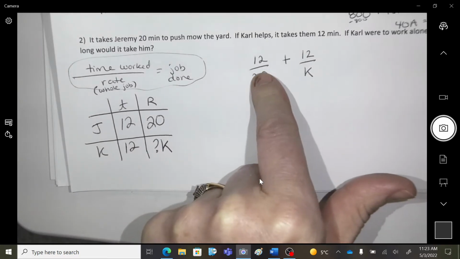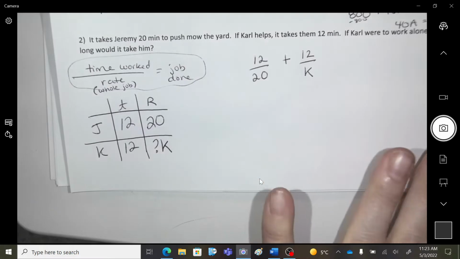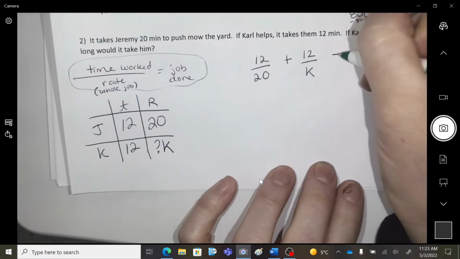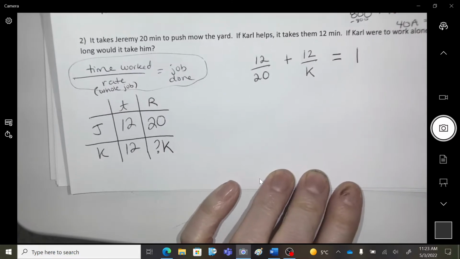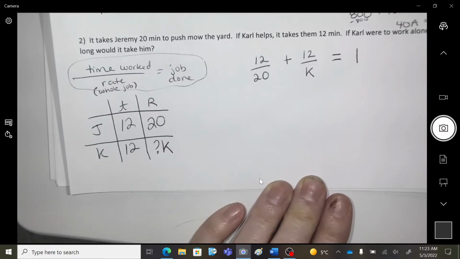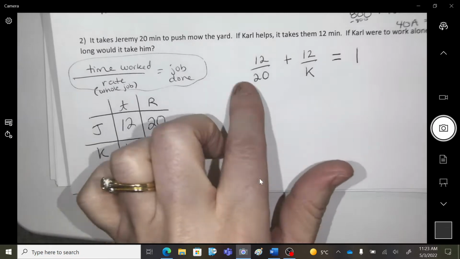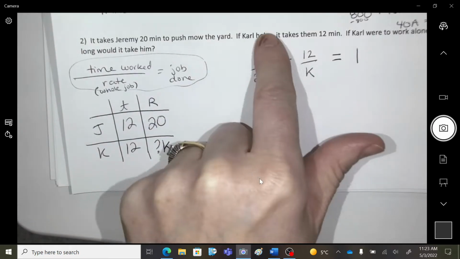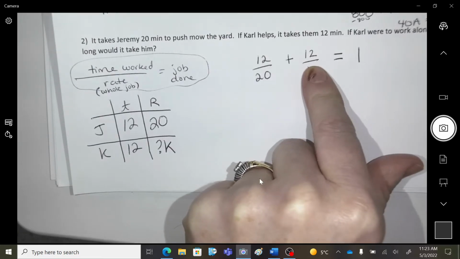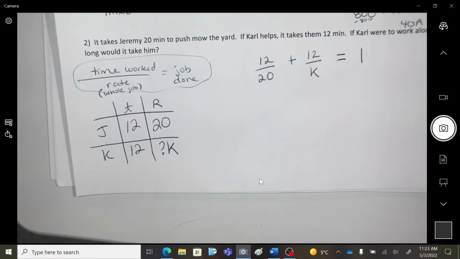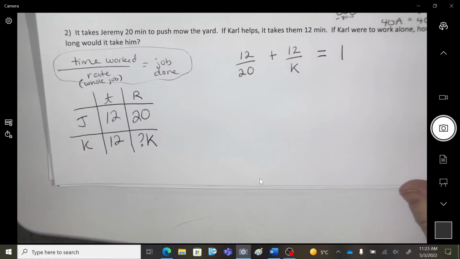And when the job that Carl and the job that Jeremy did were added together, they completed the whole job. So this is what this represents: the job done by Jeremy plus the job done by Carl equals the whole job. Okay, that's the new part.